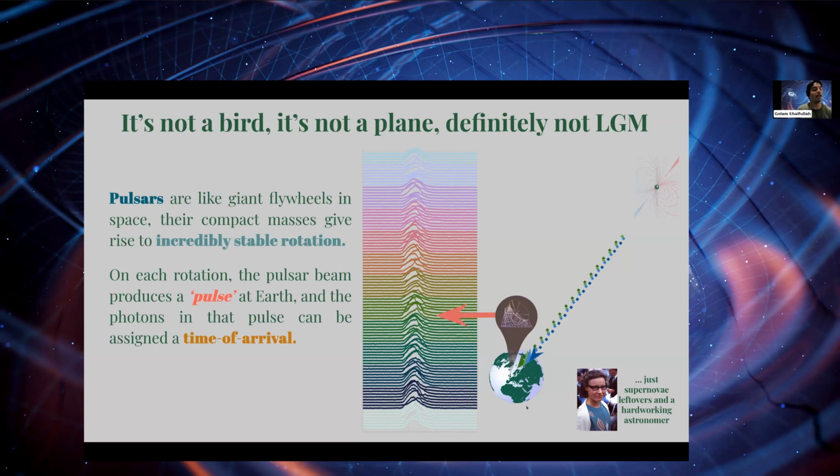Pulsars basically are these giant compact remnants. Well, giant compact sounds contradictory, but it's a compact object which is left behind after a supernova explosion from a star which is between 8 to 20 solar masses, which at the end produces a very dark object, in the sense of optical light emission, which also can have a very intense magnetic field.